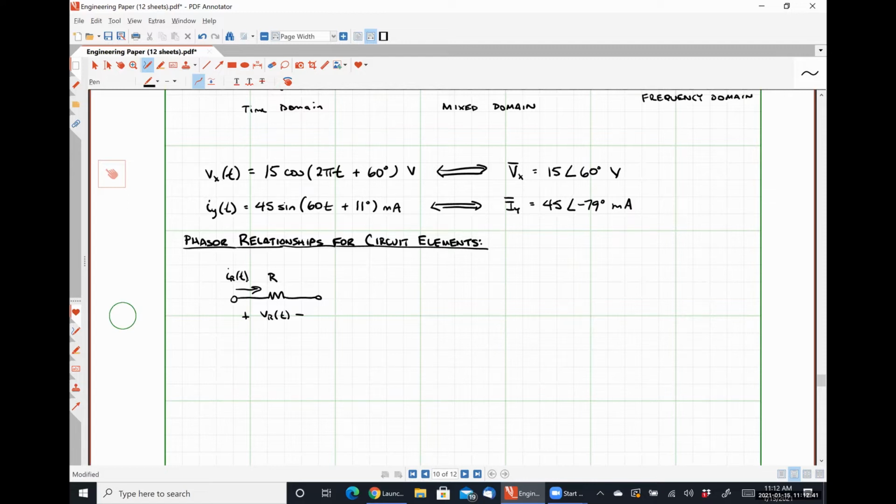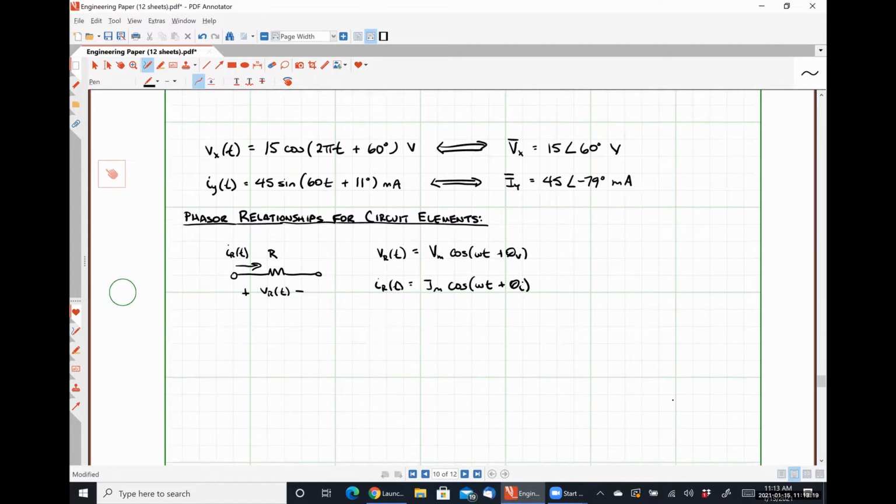So if VR of t is of the form Vm cosine omega t plus some phase angle theta v, and IR of t is equal to Im cosine omega t plus theta I, I can now use the definition of phasors and mixed signals to develop a frequency domain relationship.